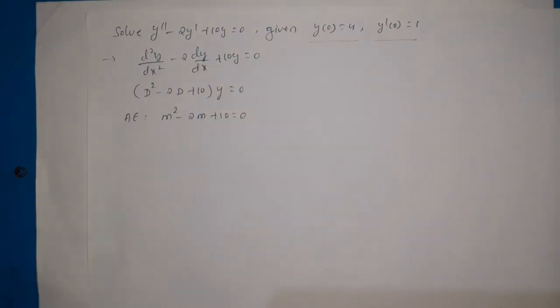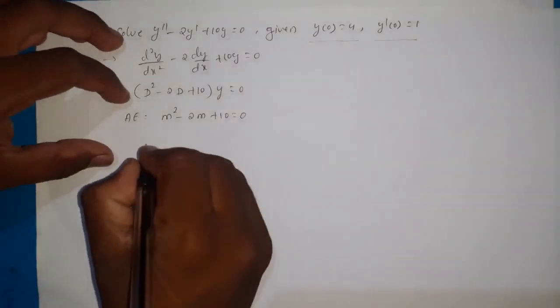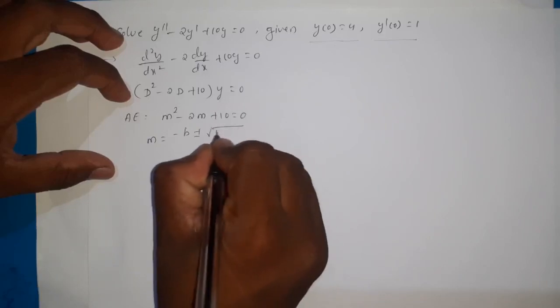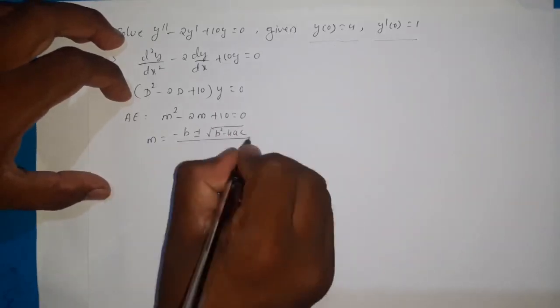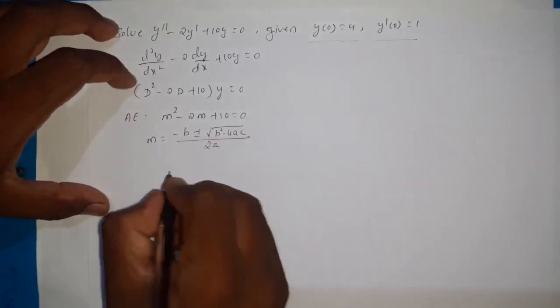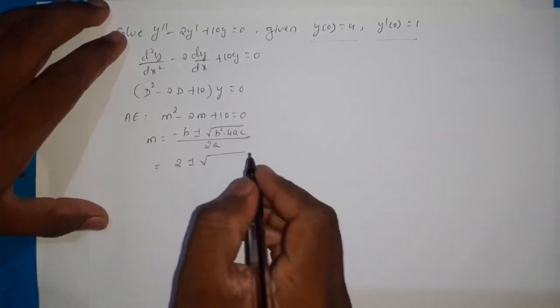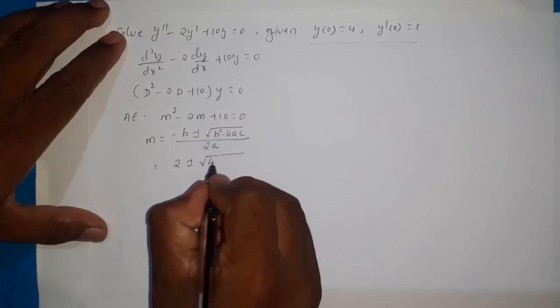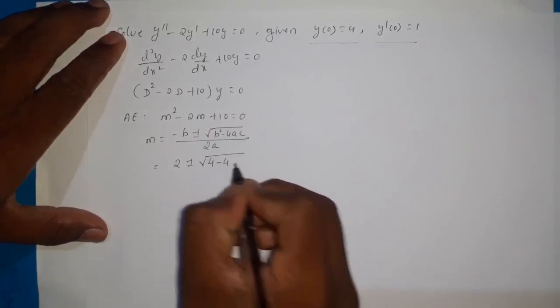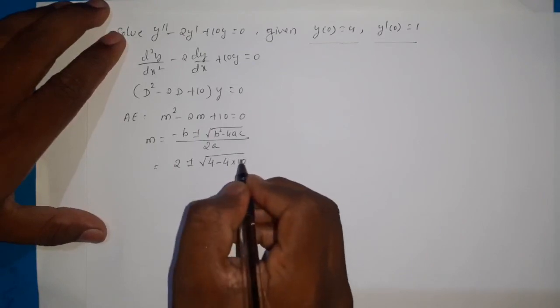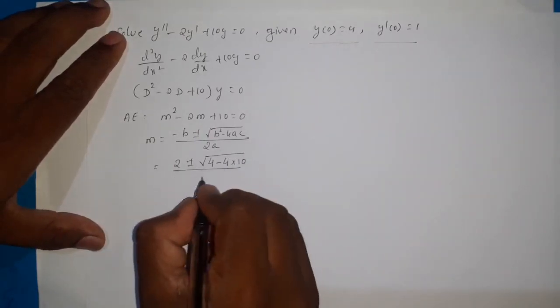Here it is not possible to factorize the equation, hence go for the formula, that is m equal to minus b plus or minus square root of b square minus 4ac divided by 2a. Then minus b becomes plus 2, divided by, plus or minus square root of b square is 4 minus 4, a is 1, c is 10, divided by 2.